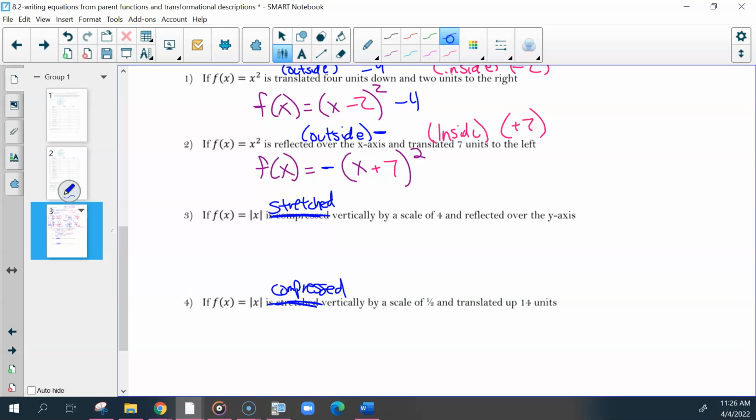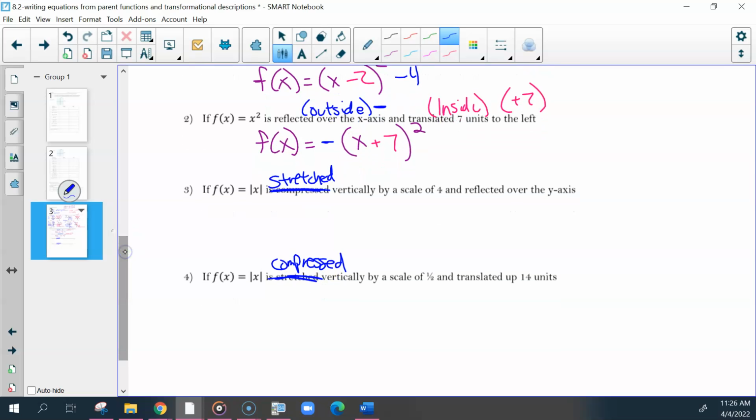You don't have to guess. So then that kind of helps you determine is it inside or outside. So stretch vertically by a scale of 4, inside or outside? Outside. It tells you what the scale factor is, that 4, that's not something you have to guess on this part. So that would mean your A value is 4. So when we write this, we're just going to put 4.